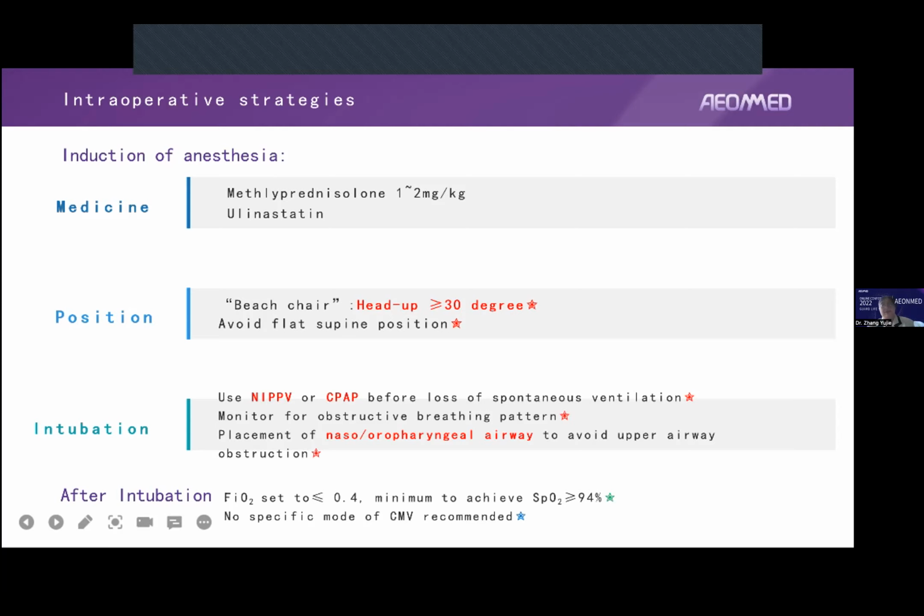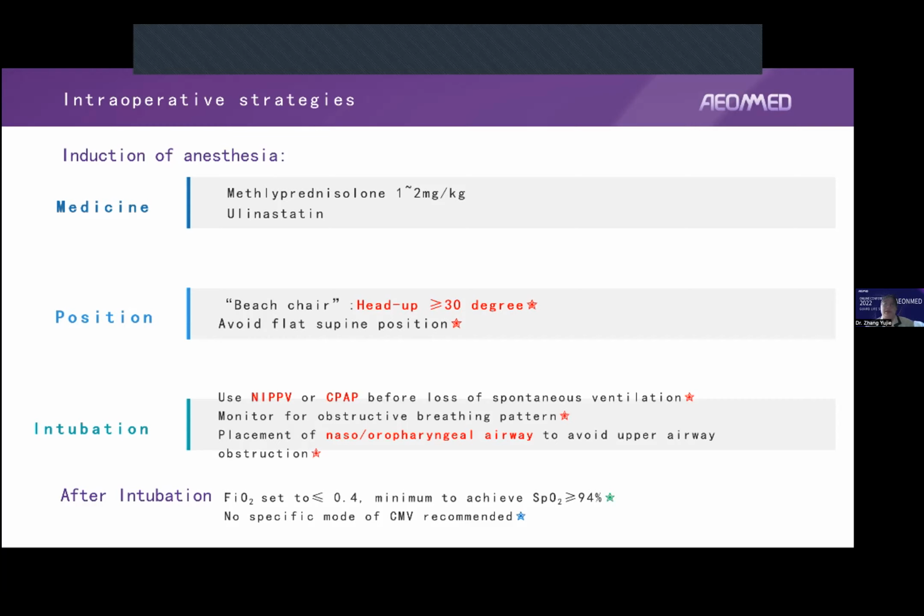And once obstruction is detected, a nasal or oropharyngeal airway should be placed to reduce the upper airway obstruction. And after intubation, the fraction of inspired oxygen, FiO2, should be set to lower than 40%, using the minimum amount as long as the saturation is above 94.